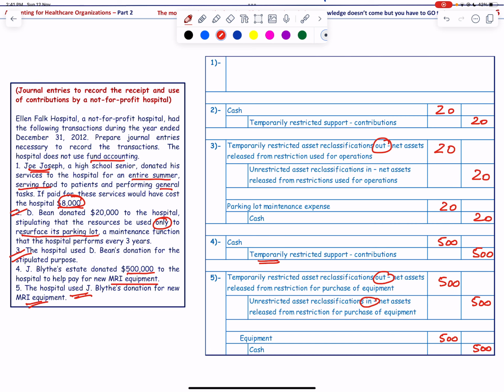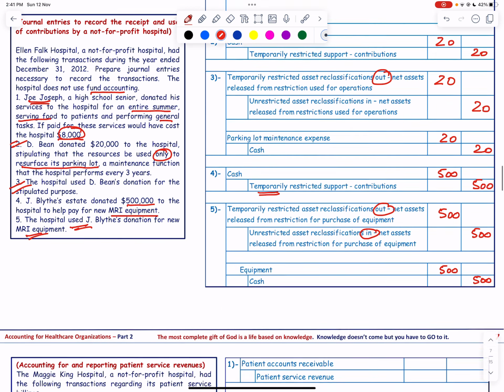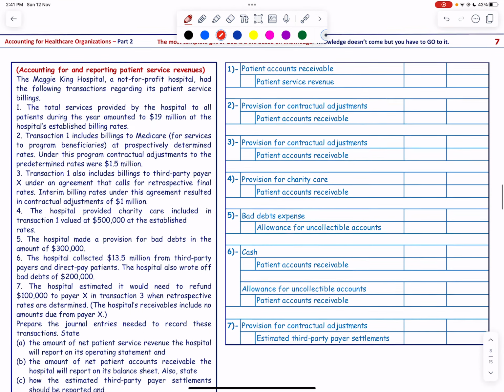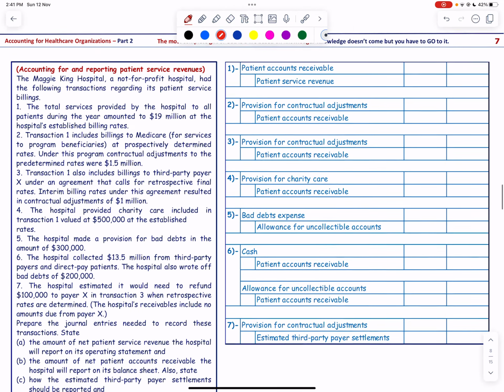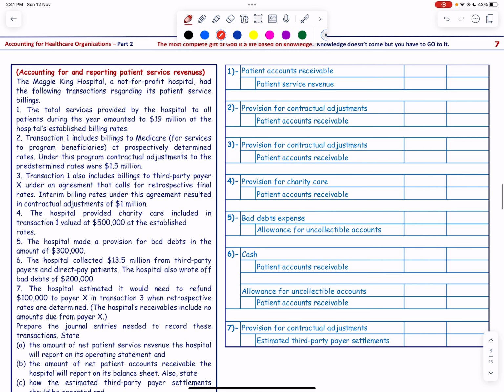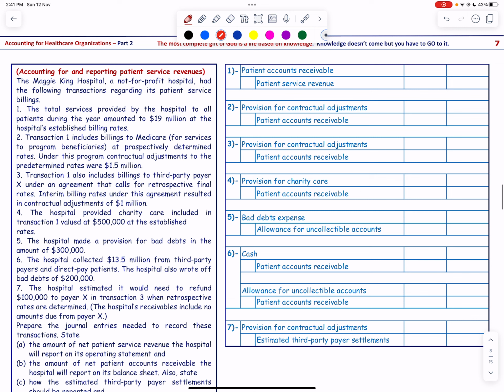Next, let us solve an exercise on how to generalize transactions for patient service revenues. Now, the Maggie King Hospital, a not-for-profit hospital, had the following transactions. The total services provided by the hospital to all patients during the year amounted to 19 million. So, patient account receivable is going to be debit by 19 million, and patient service revenue is credited by 19 million.